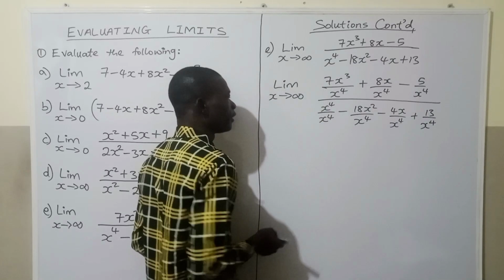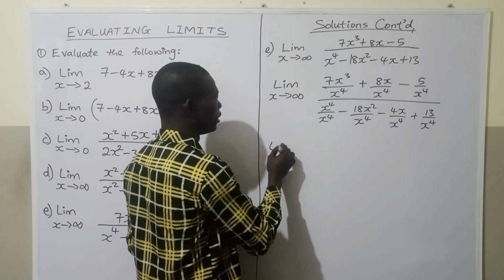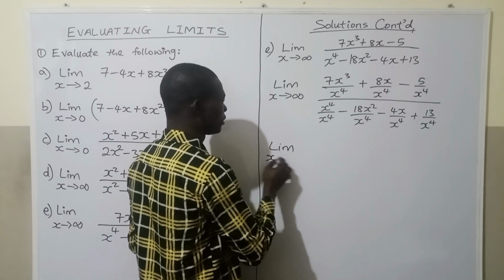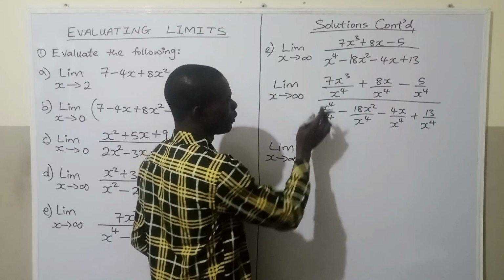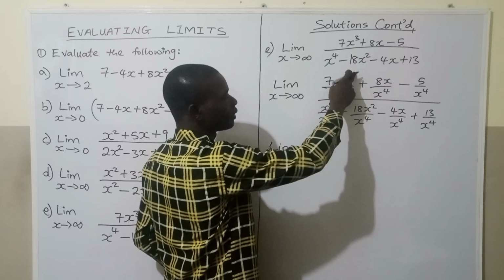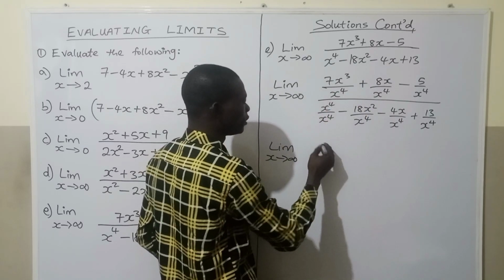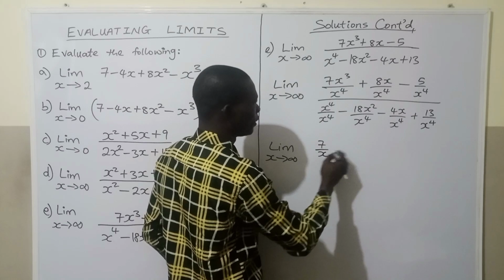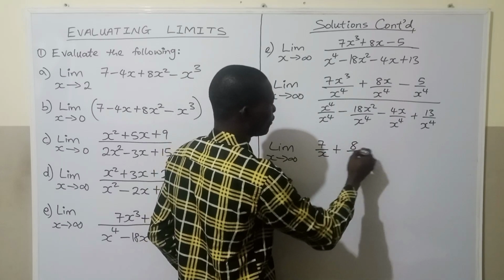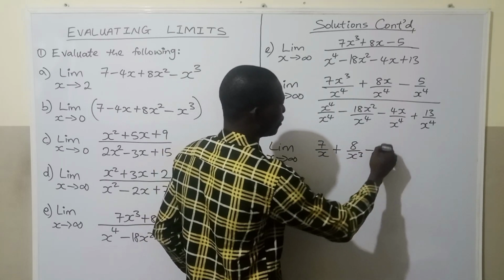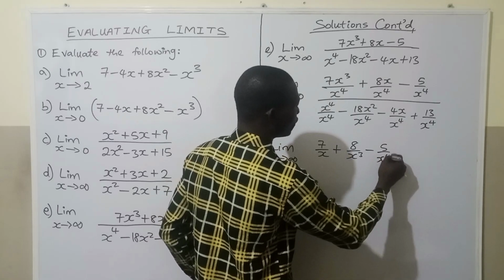So it is the simplification that we need now, and that's going to be the limit as x tends towards infinity for which particular one? X raised to power 3 over x raised to power 4. This 3 would have cancelled 3 out of this, so we are left with only 7 over x, and then plus 8 over x cubed minus 5 over x to the fourth power.